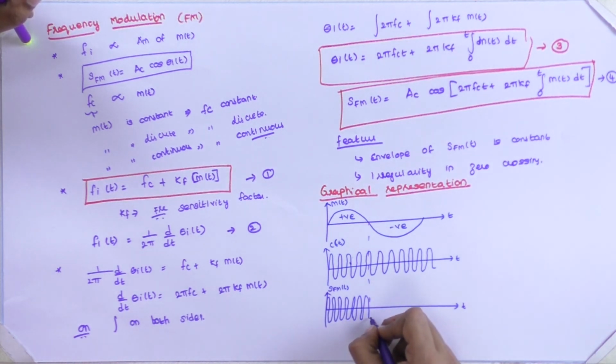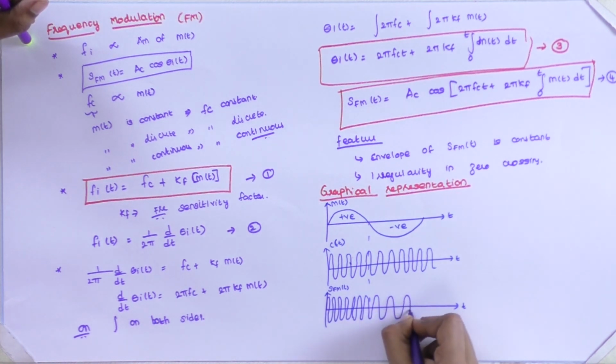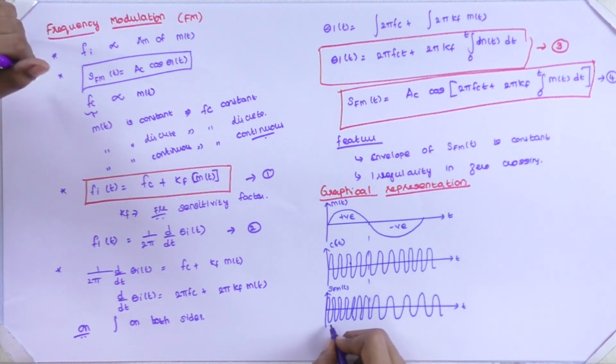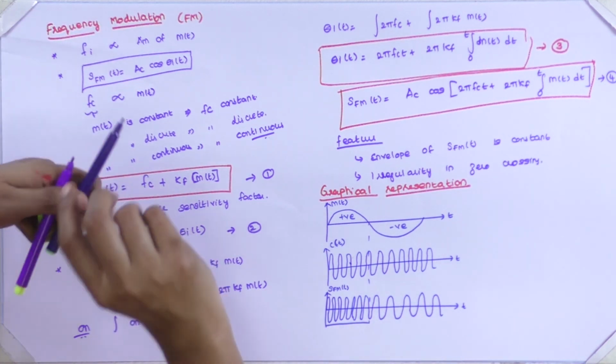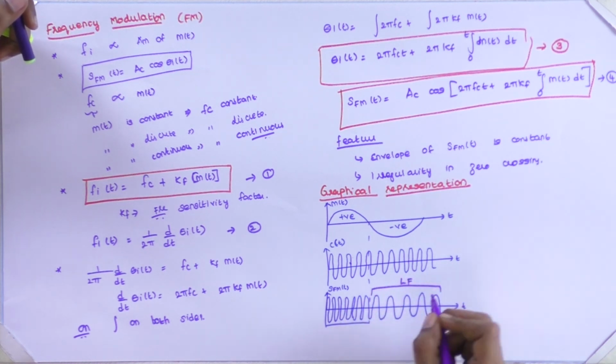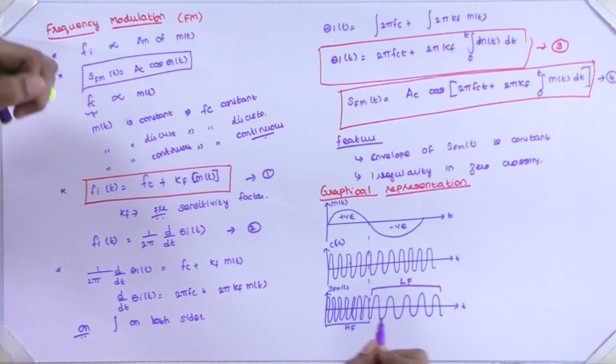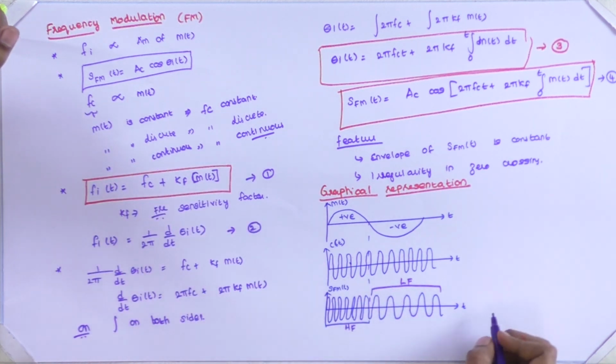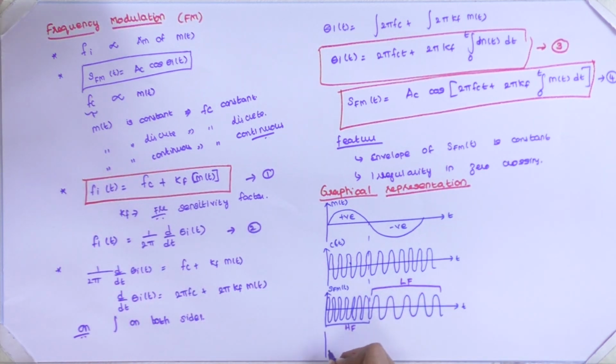During this period we have high frequency and during this period we have low frequency. This is our modulated signal for frequency.